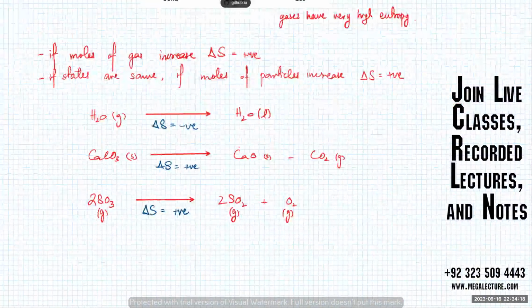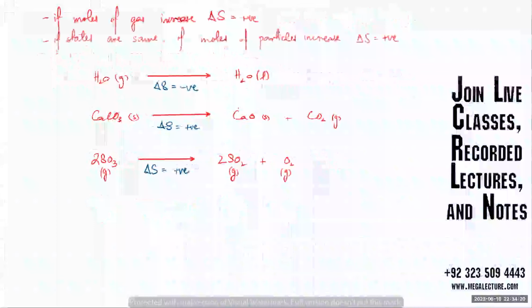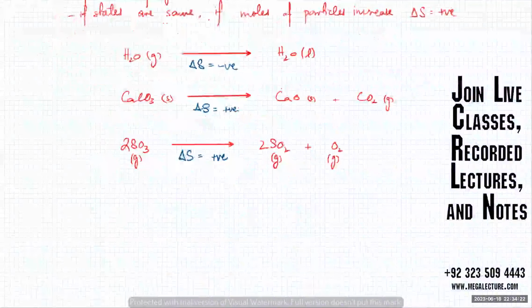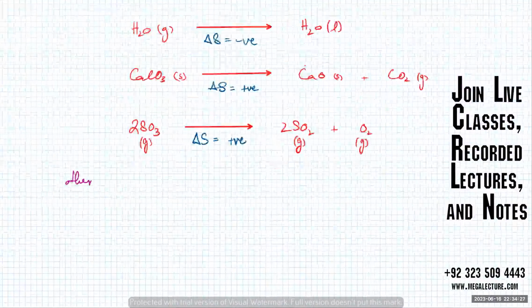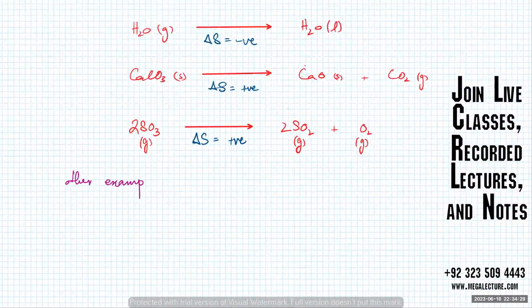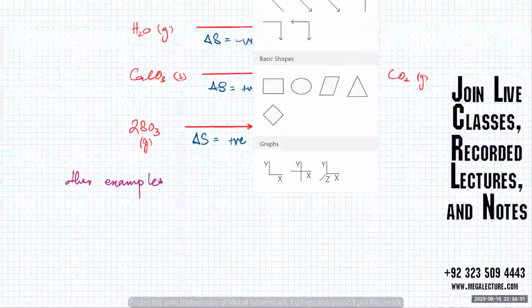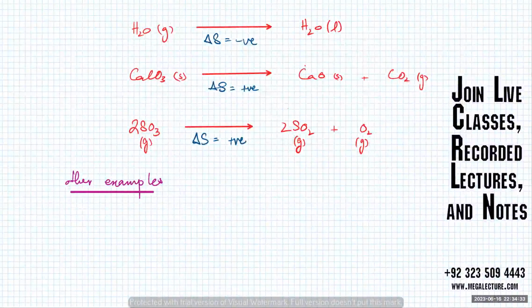Let's say I've got, do you remember addition polymerization? Yeah, I think so. Some other examples. So let's say there's addition polymerization happening and lots of alkenes just getting added up.